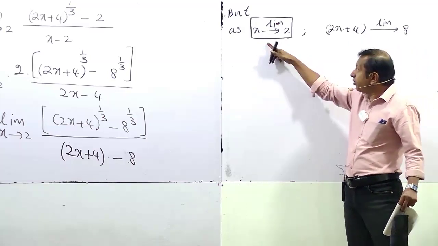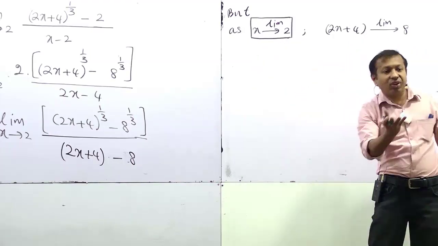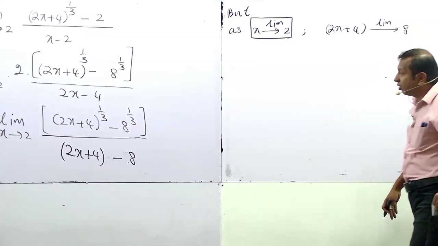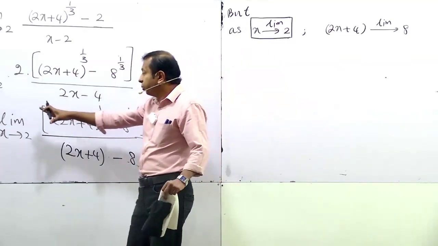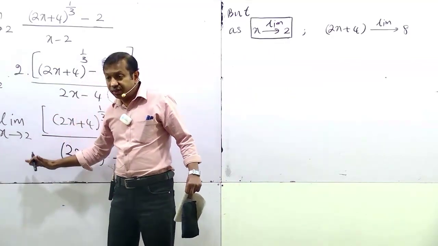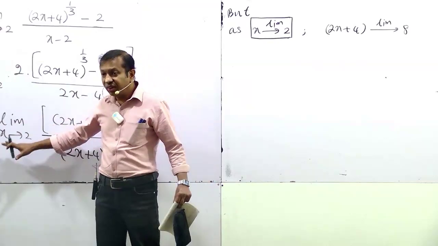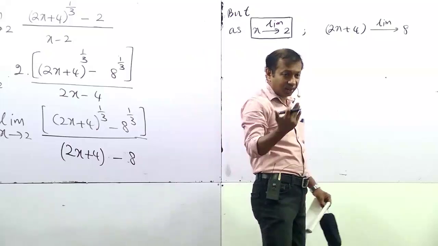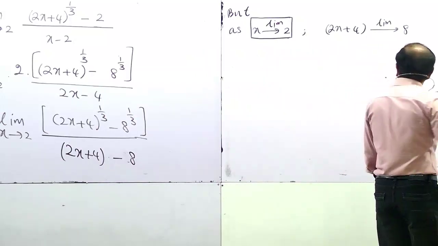That means x going to 2 really means 2x plus 4 going to 8. Therefore, in the next line, of course, this limit x going to 2 we can replace by 2x plus 4 going to 8. Understand? Now everything is okay according to the theorem. Now we can apply the theorem. No? Okay.